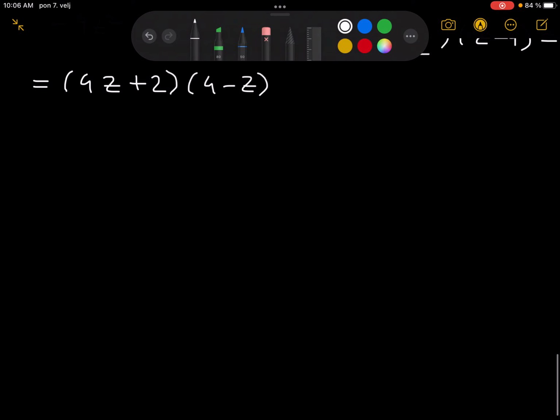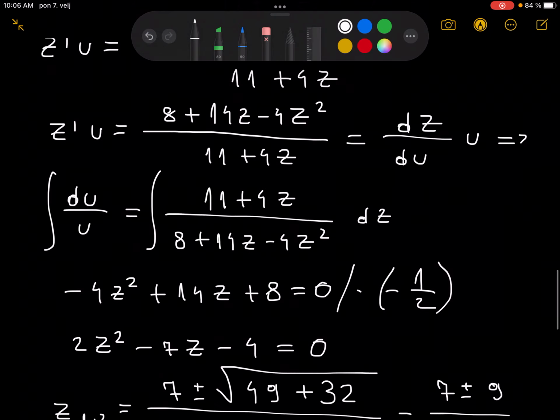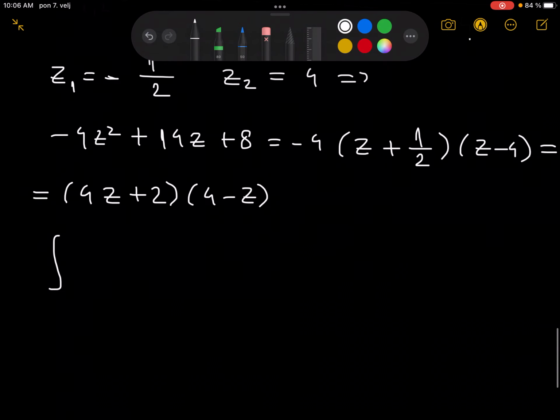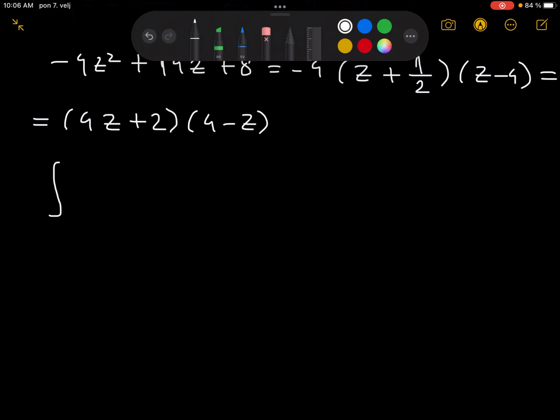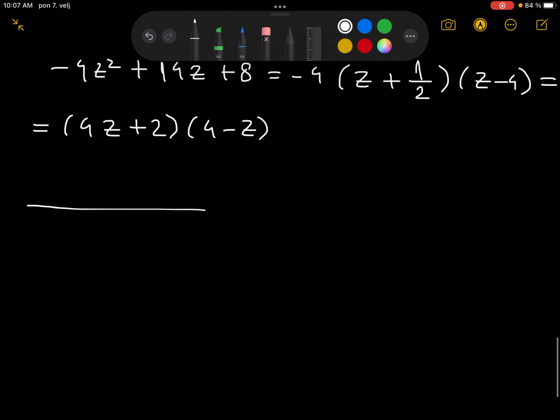So in other words, we can rewrite this integral as the integral of 11, whoops, not just yet, so we still have to do the partial fractions. So when we do this, 11 plus 4z, we have to rewrite this as partial fractions.